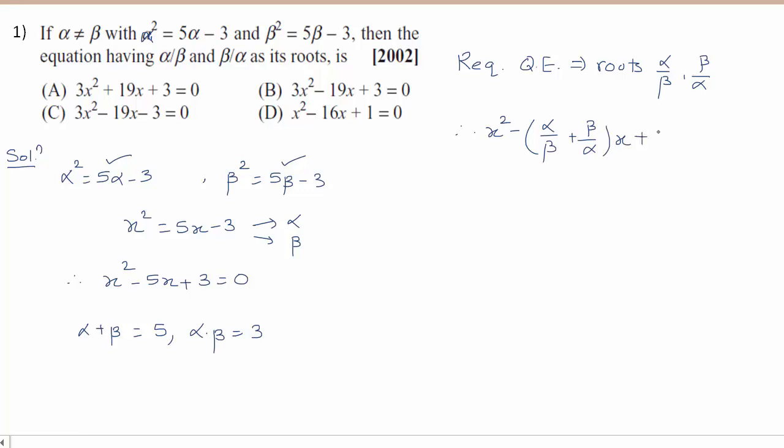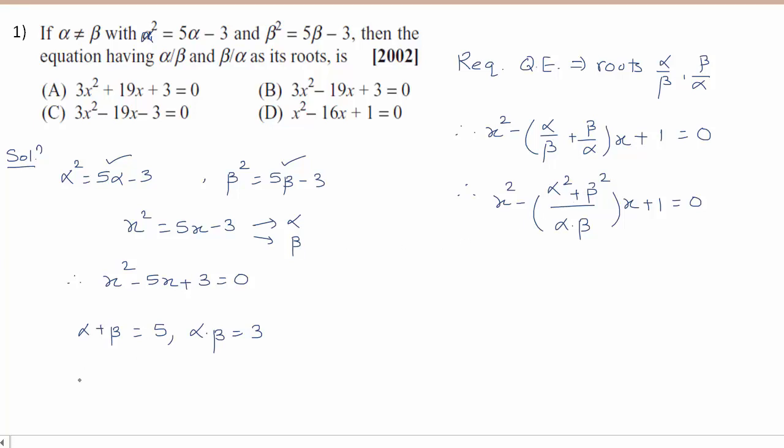Product of roots is just 1, equal to 0. So to get the answer we need this quantity alpha upon beta plus beta upon alpha, which becomes x square minus alpha square plus beta square upon alpha into beta times x plus 1 equal to 0. So alpha into beta we know it has value 3.